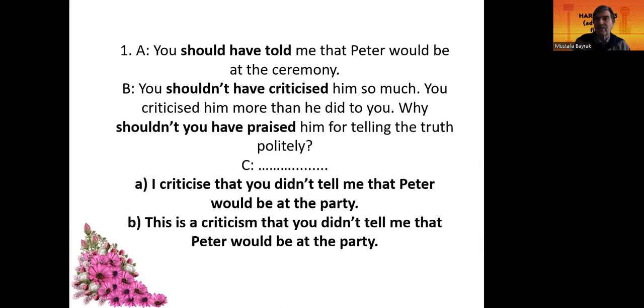It clearly means that I criticize that you didn't tell me that Peter would be at the party. So you should have told me that Peter would be at the party or at the ceremony.